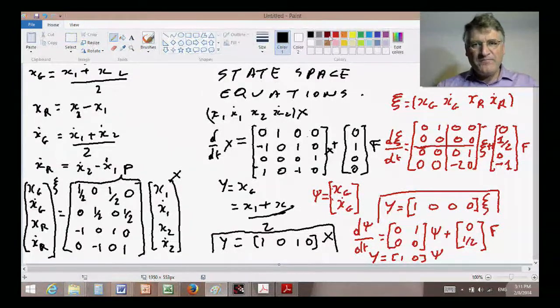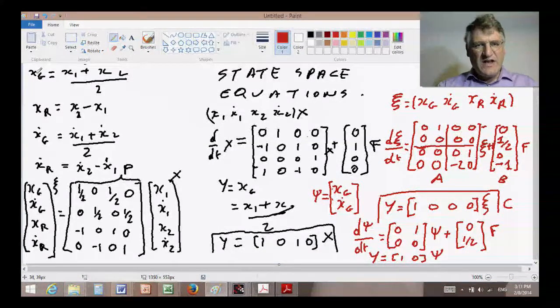If I call this matrix A, that matrix B, and that matrix C, here is what I can do. I can replace xi by its value here. And what I obtain is the following.